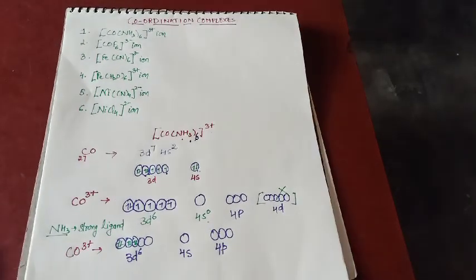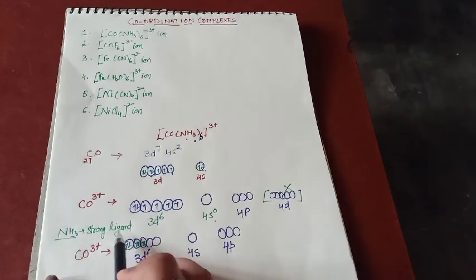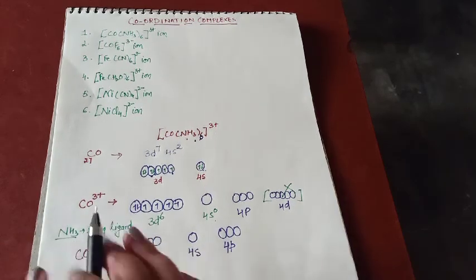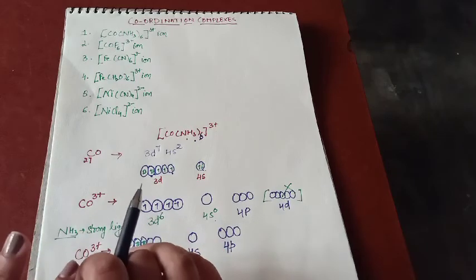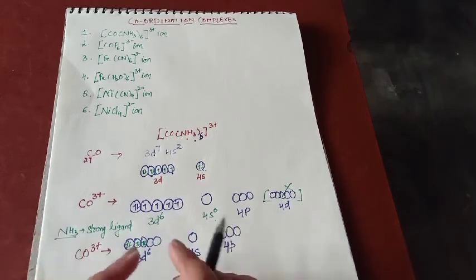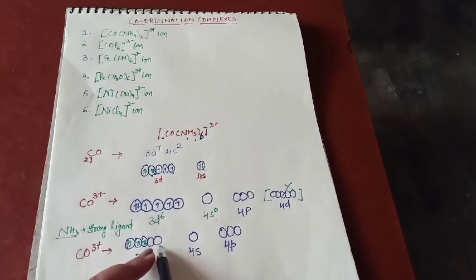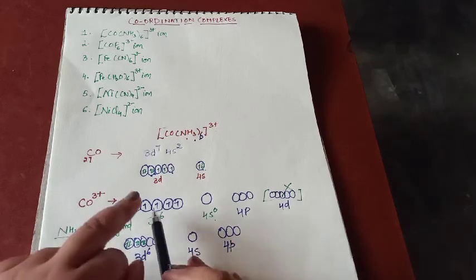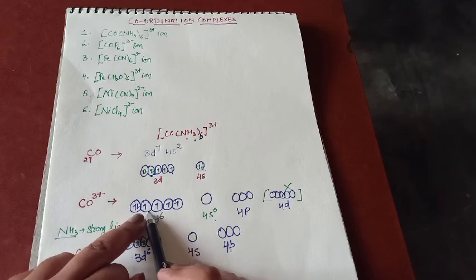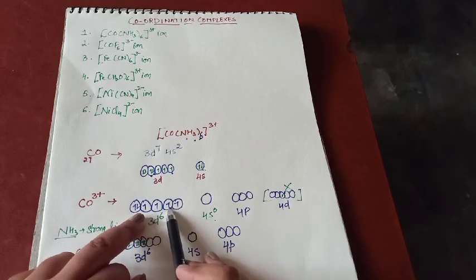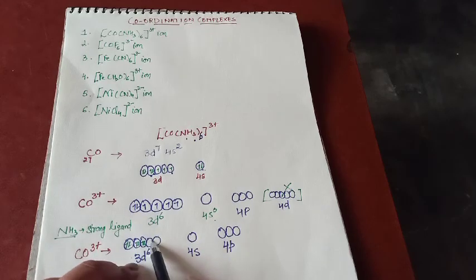So you can see here the observation is that ammonia is behaving as a strong ligand. According to VBT, whenever the ligand is strong, the pairing of electrons will take place. As the pairing of electrons takes place, the inner orbitals get vacant. As this electron will be shifted here, this electron here, and this electron with this one, accordingly 2 orbitals get vacant here.